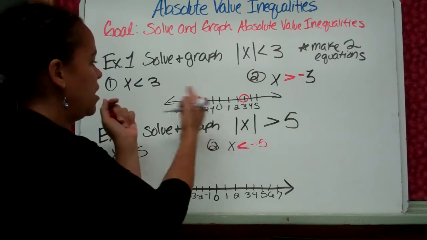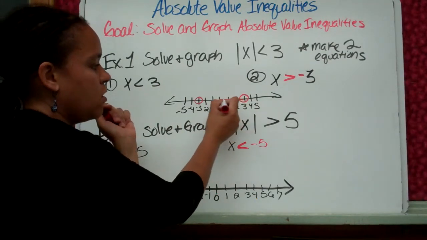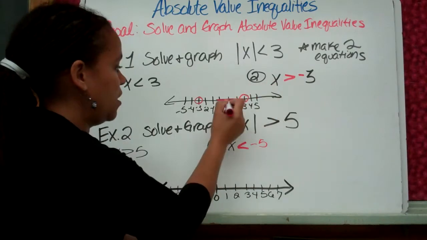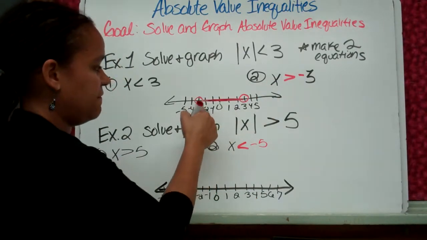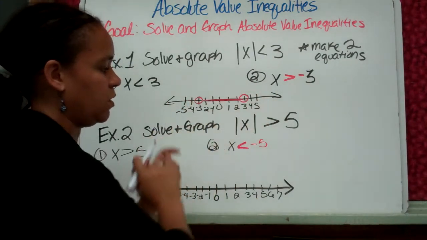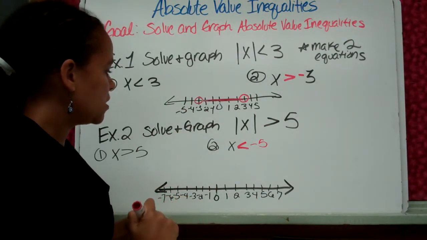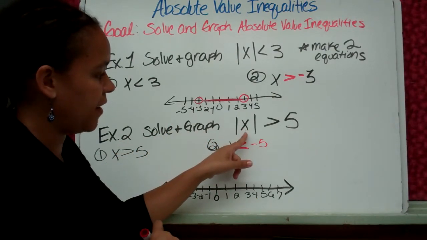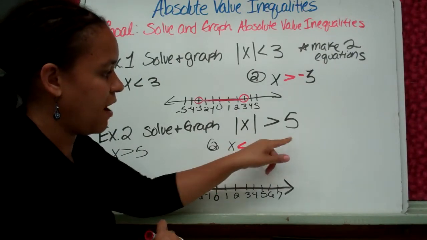I want to shade less than 3, so all of this would get shaded, but I need to keep in mind I need to be greater than negative 3. So I'm not going to go any further down than the negative 3, so I'm just shading in between negative 3 and 3.